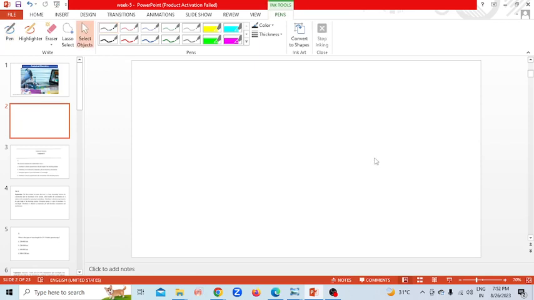spectrometer. It also has high selectivity, because a particular metal will give a particular wavelength, so it is very selective.